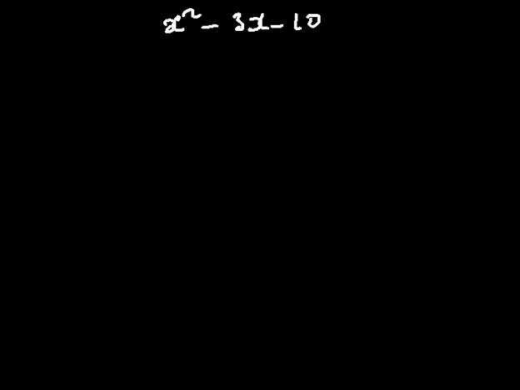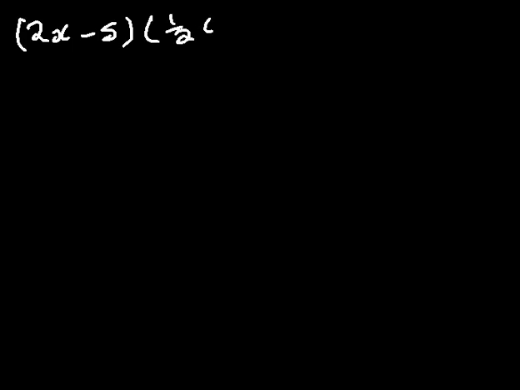And also let's think of generating quadratic expressions from the product of the following. Let's say we have 2x minus 5 times 1 over 2x plus 7. So how should you have the quadratic expression from the product of these two?